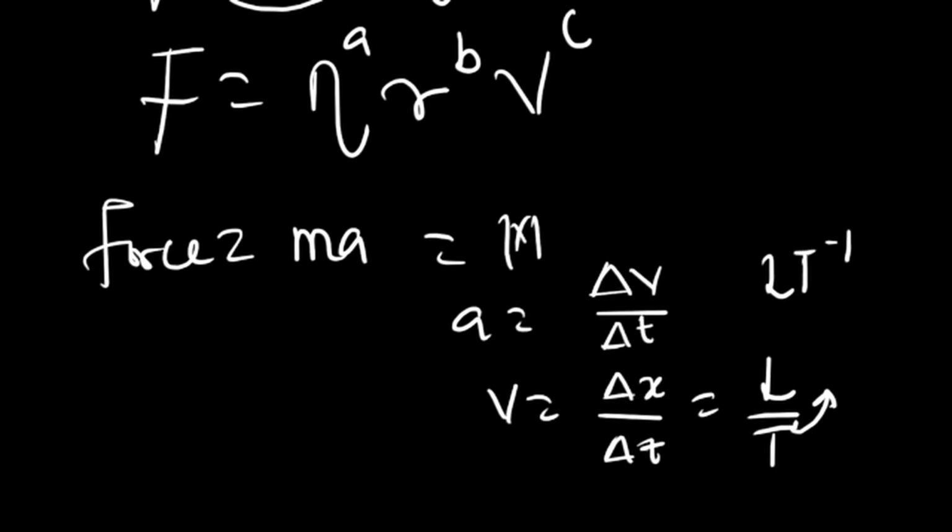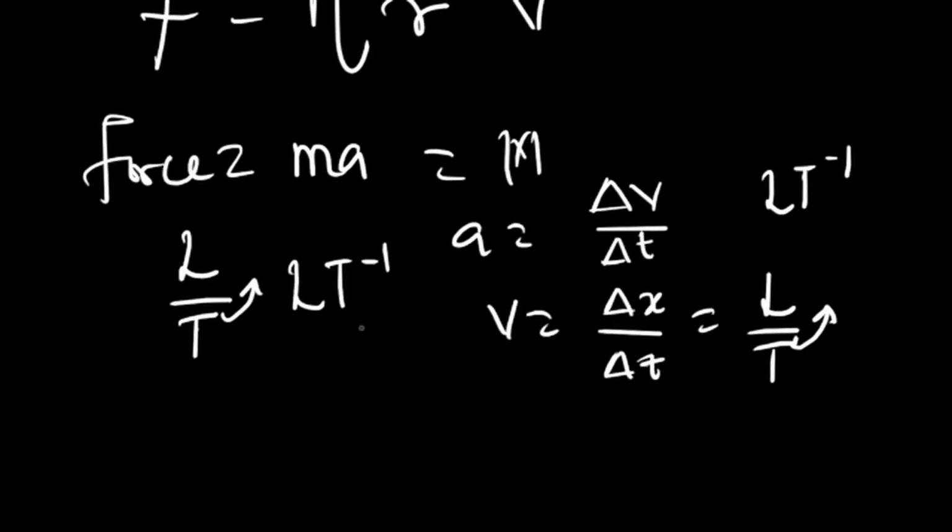Remember that down here at the denominator, we have L over T, and this T is to the power of positive 1. But when you take it upwards, it becomes LT minus 1. Therefore, the dimension for velocity, V, is equal to LT minus 1.